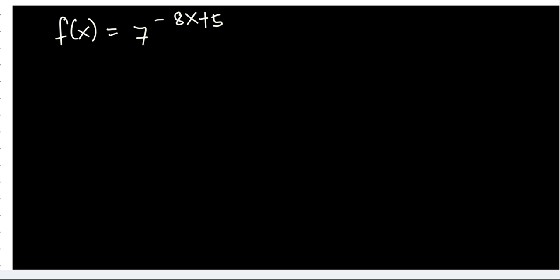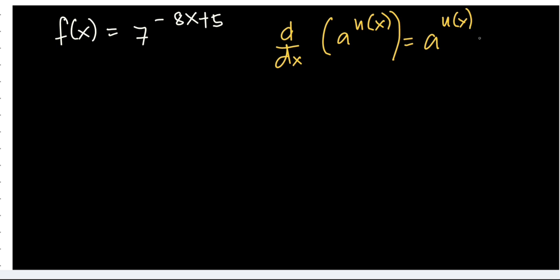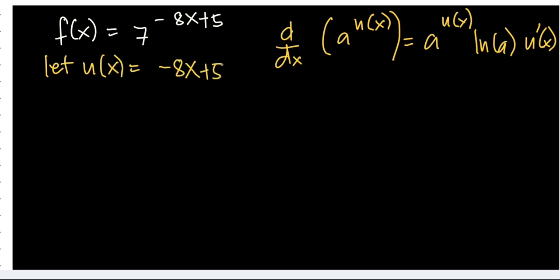We use this rule. Derivative of a to the u of x equals a to the u of x ln of a, then derivative of u of x. Okay, so in this case we identify u of x. So we let u of x equals negative 8x plus 5. And then derivative of u of x is negative 8.